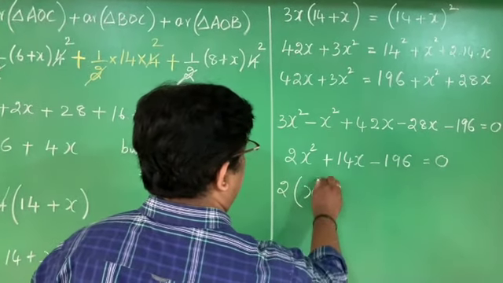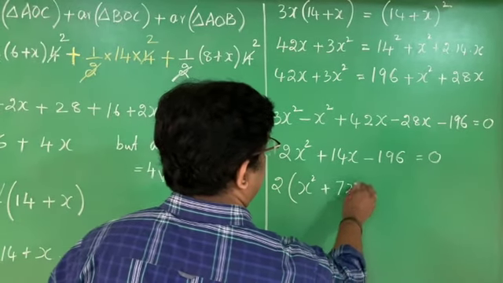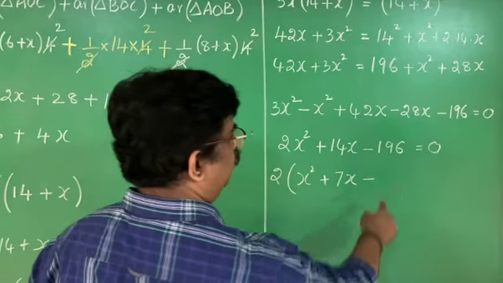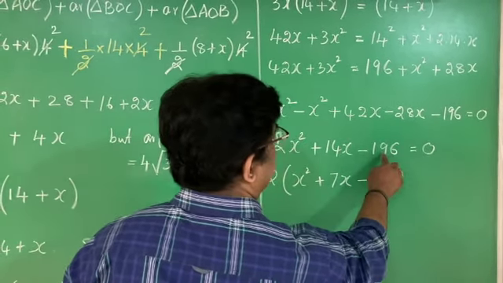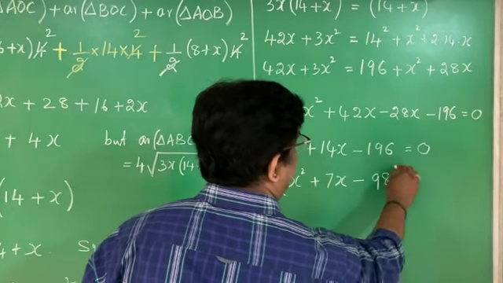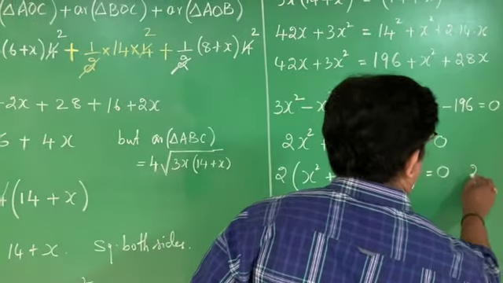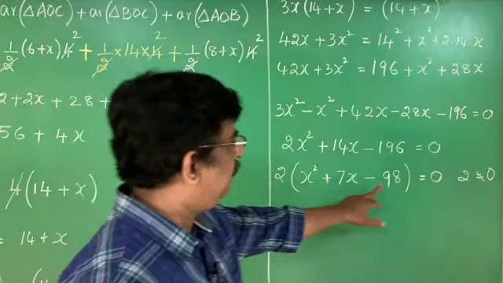2 of x square, if 14 is divided by 2, it becomes 7x. Minus, if I divide this 196 by 2, 2 9s are 18 and 16, 98, is equal to 0. Here 2 is not equal to 0. 2 should not be equated to 0. Therefore, this particular part is 0.